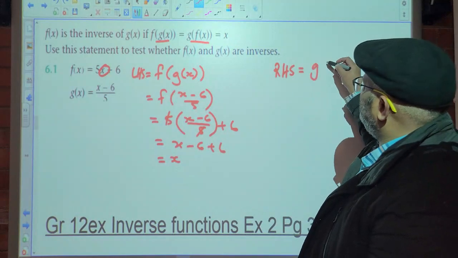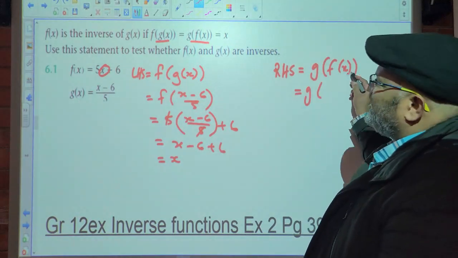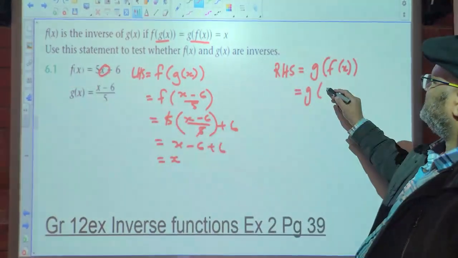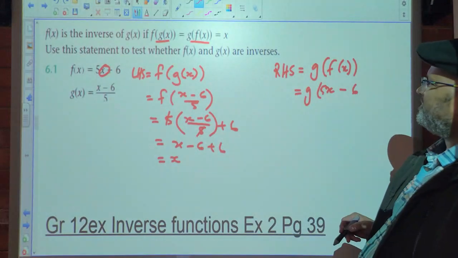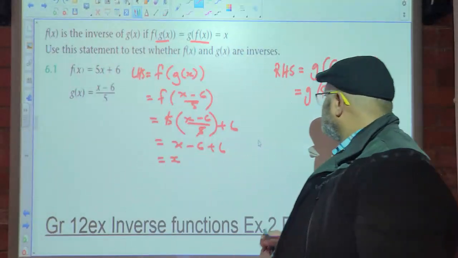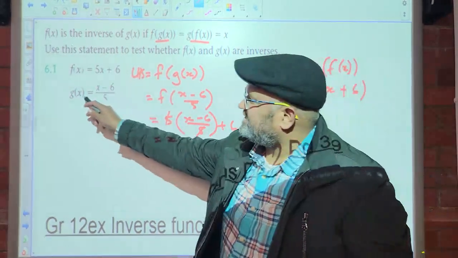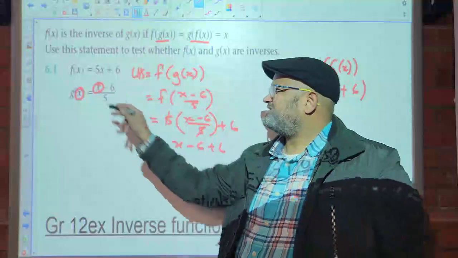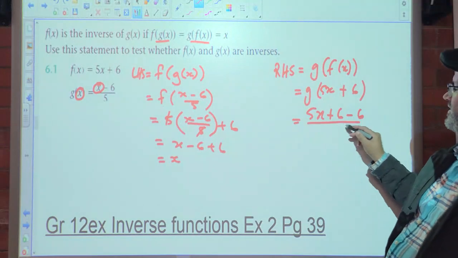Equals g of f of x. So we go g. What is f of x? 5x plus 6. Wherever I see an x in g of x, I replace it now with 5x plus 6. So you get 5x plus 6 minus 6 over 5.